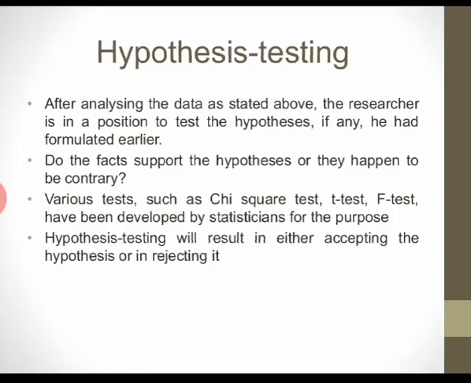Various tests such as chi-square test, t-test, f-test have been developed by statisticians for the purpose. Hypothesis testing will result in either accepting the hypothesis or rejecting the hypothesis. That is, the data which we have in our hand will be used to test the hypothesis, and on the basis of that we can accept the hypothesis or we can reject the hypothesis.